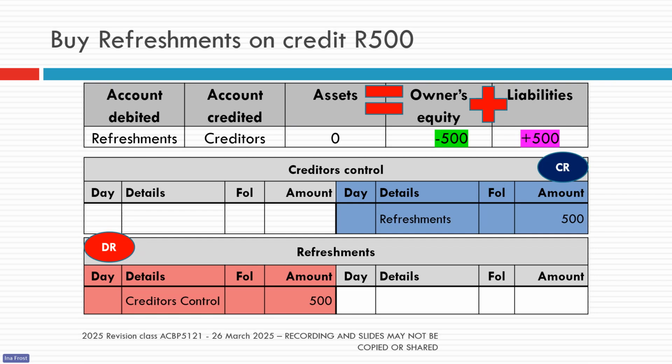And there, if I want to increase a liability, I put the entry on the credit side. Okay, so this is the scenario if we were to buy any of the expenses like the refreshments, the stationery, the packing materials, anything like that on credit.